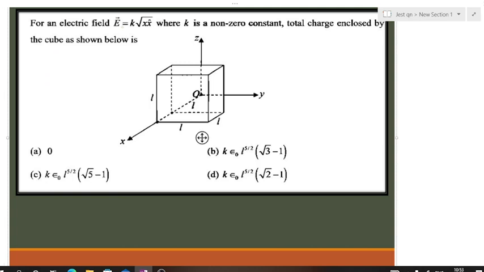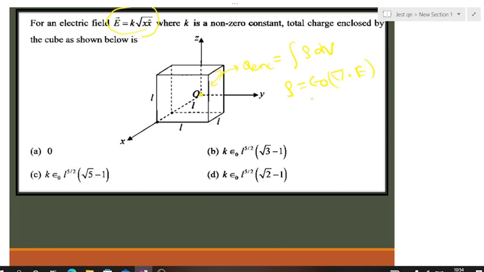An electric field E, where k is a non-zero constant. Find the total charge enclosed by the cube as shown in the figure. Here this is the origin, this is the cube, its length is L. So we have to find the total charge enclosed by this cube. Let's say that is Q enclosed. Q enclosed is equal to integration of rho dV, as we know, and we know also rho is equal to epsilon naught divergence of electric field from Maxwell's equation.